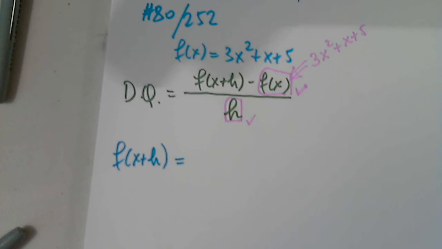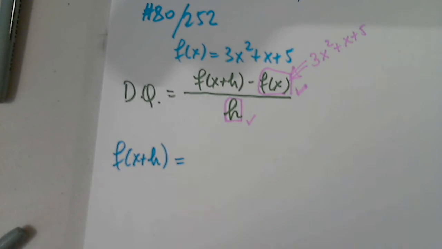Do you plug in like the 3x squared plus x plus 5 on the x? So just tell me what to write. What do you think? It's okay, don't be shy. So just tell me what to write. 3x squared plus 2 plus x plus 5 plus h.